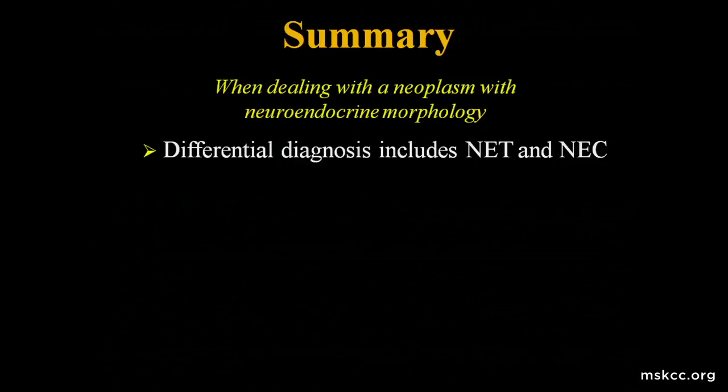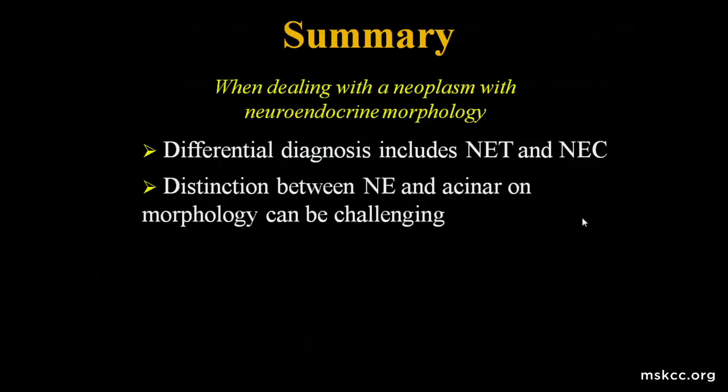I don't have time to elaborate in more detail, but just remember to keep these two in mind and investigate further. The next point is that the distinction between neuroendocrine and acinar phenotype may be extremely difficult on morphological basis alone, so extensive immunohistochemical workup may be necessary to confirm the diagnosis.